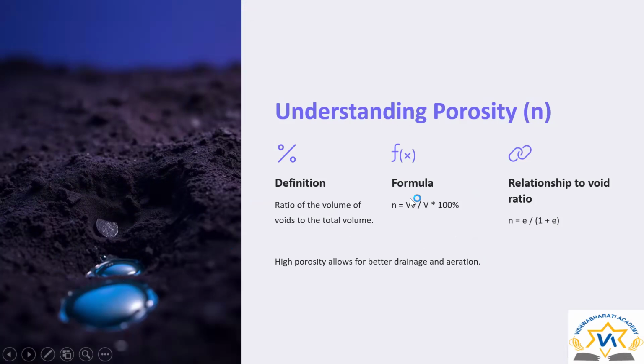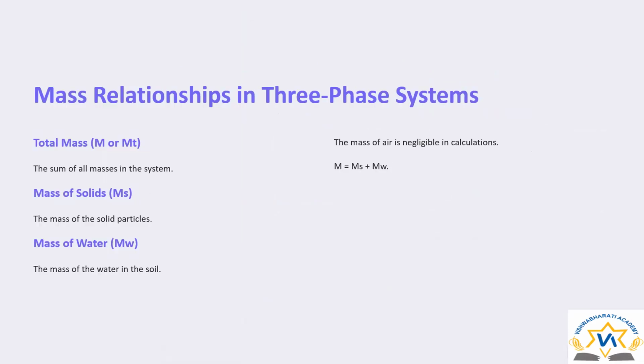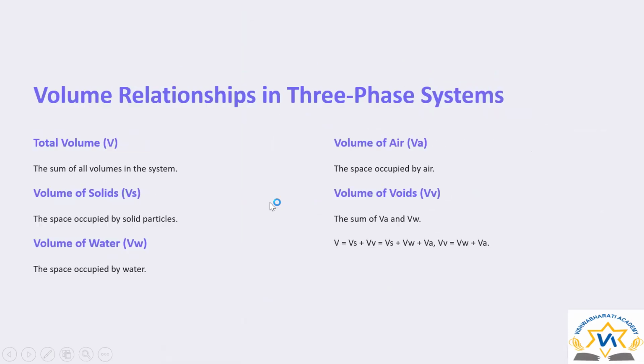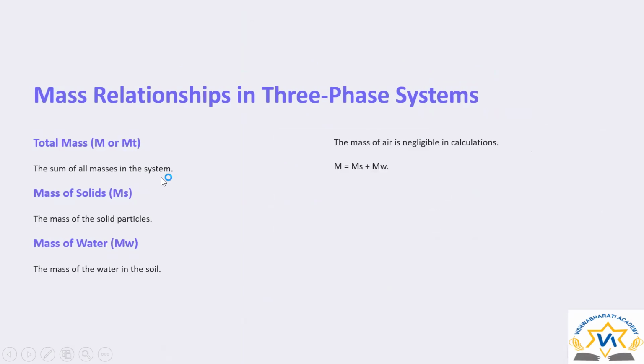It is the volume of voids present in the three-phase system, divided by the total volume. What is total volume? Total volume is the sum of all volumes in the system.